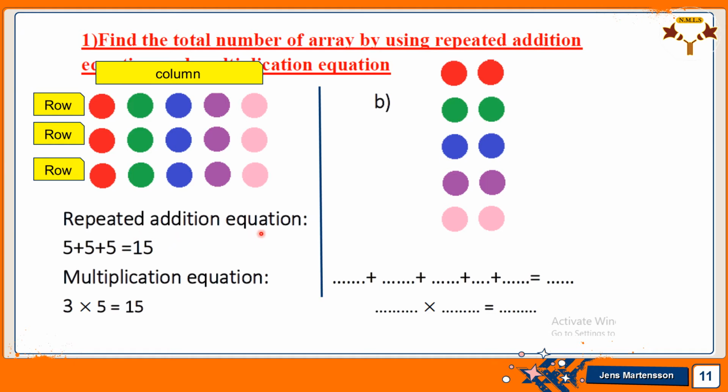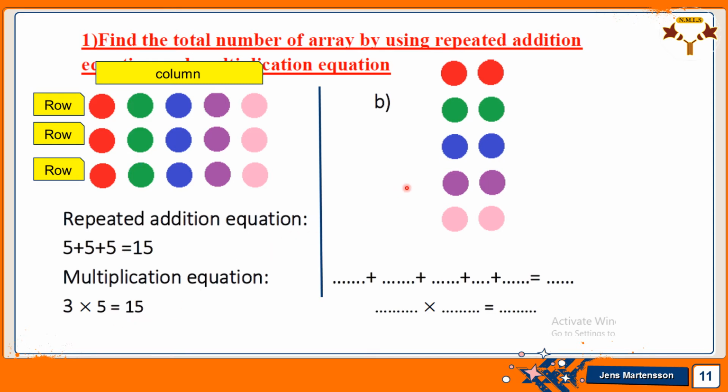With a repeated addition equation, we will write with the rows 5 plus 5 plus 5 equal what? Equal 15. With a multiplication equation, we will write what? How many groups? Here we have 3 groups of 5. So we will write 3 times 5 equal 15.